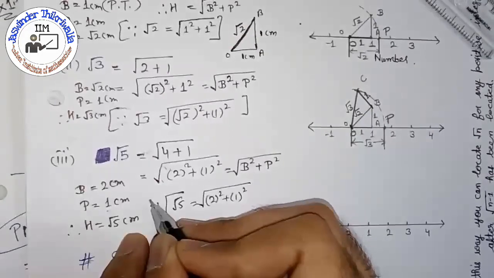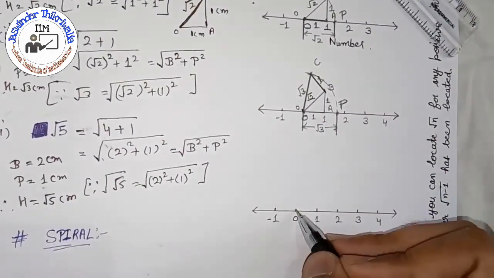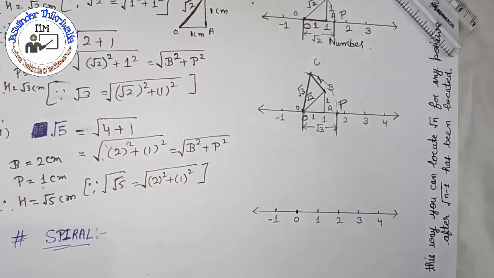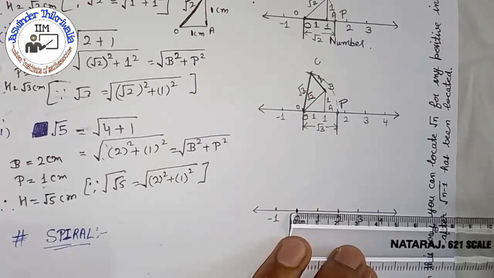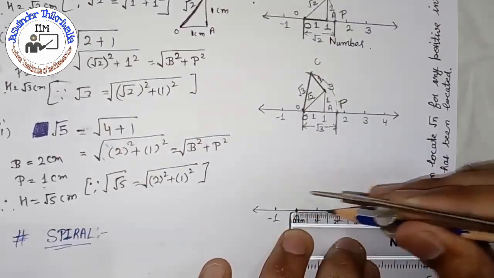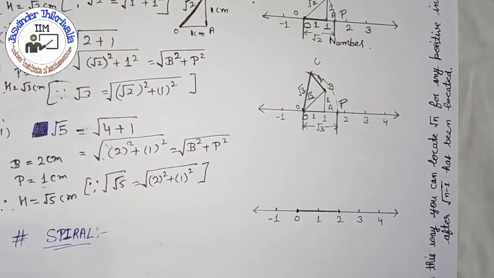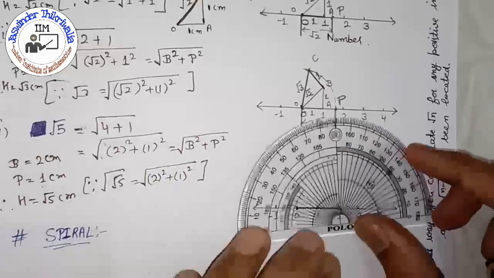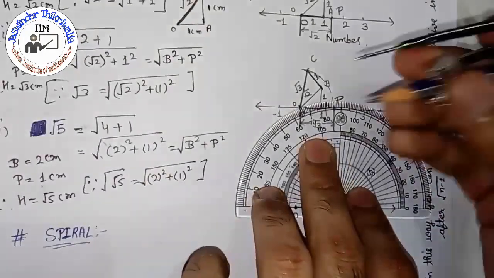So now we will express it on the number line. First of all we will start from 0 to 2, because we need a base of 2 centimeter. Using a scale, locate it here. Now at 2 we need a perpendicular. Draw the perpendicular using a set square. From that perpendicular you have to cut 1 centimeter only.